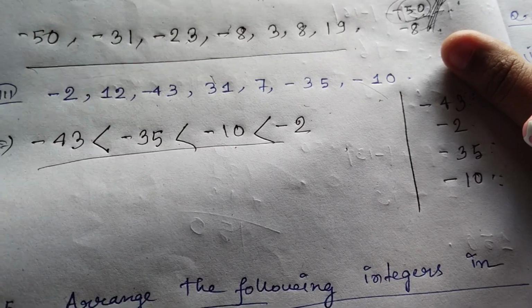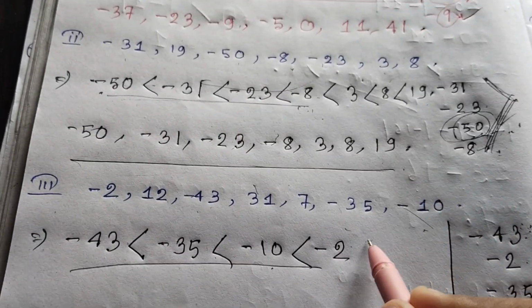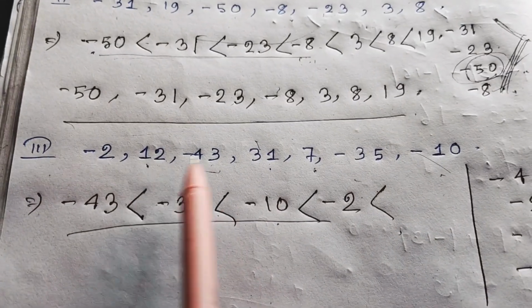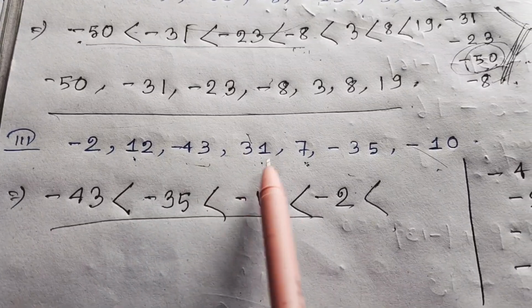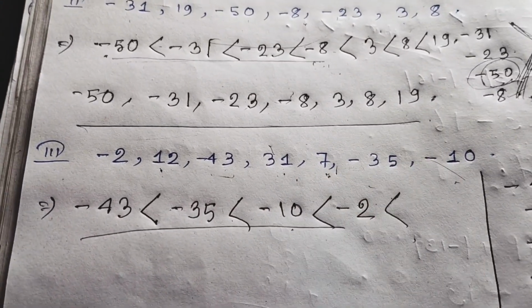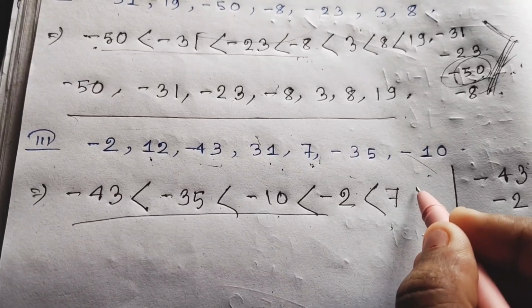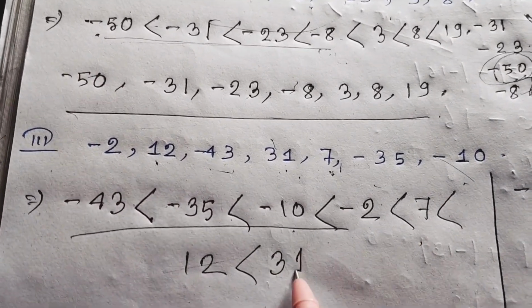After completing the negative integers, we will put the positive integers. After -2 we have 12, 31 and 7. Among 12, 31 and 7, which will come first on the number line? After -2, 7 will come first, then 12, then 31.